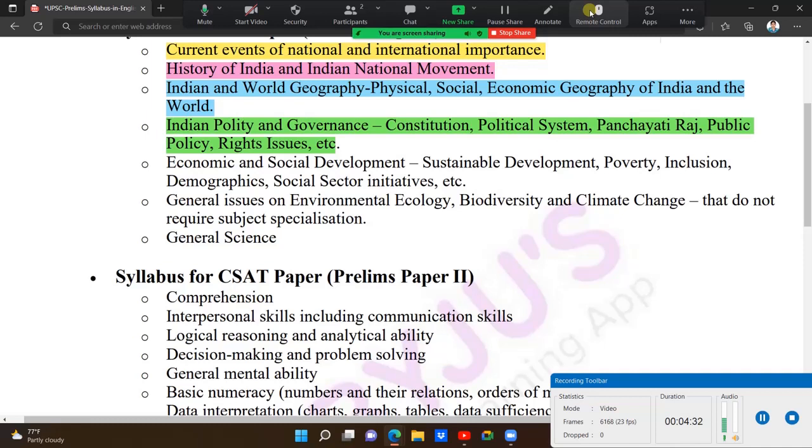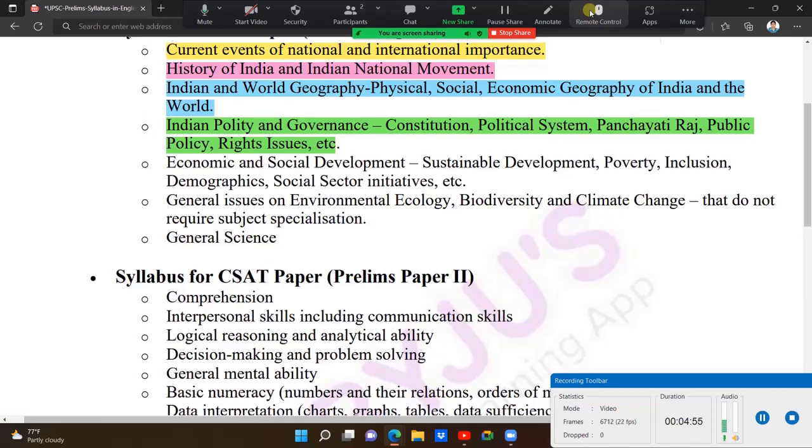When it comes to the last but one, it is general issues on environment, ecology, biodiversity, global warming and different types of pollution, how humans are contributing towards global warming, how we can reduce it, what are the different steps available, and climate change. What causes climate change? That does not require subject specialization.